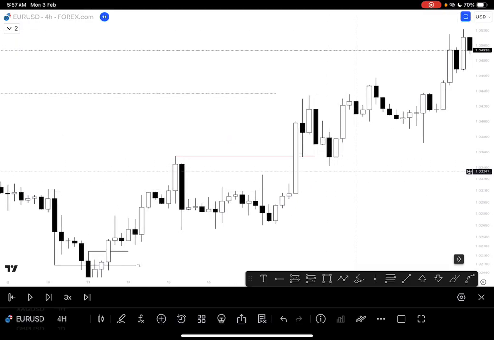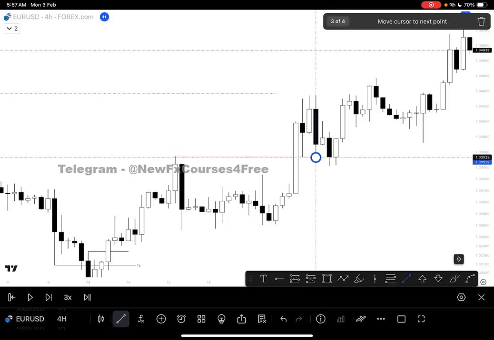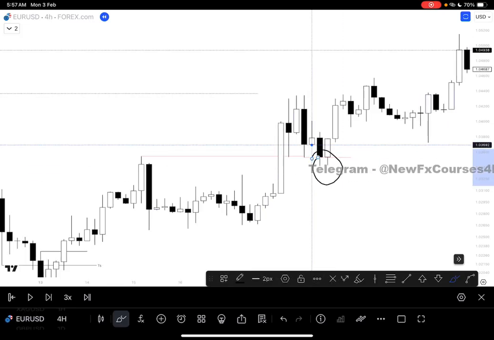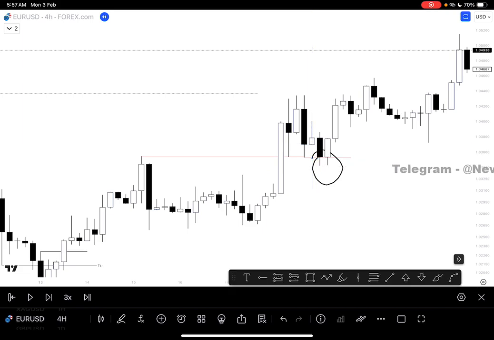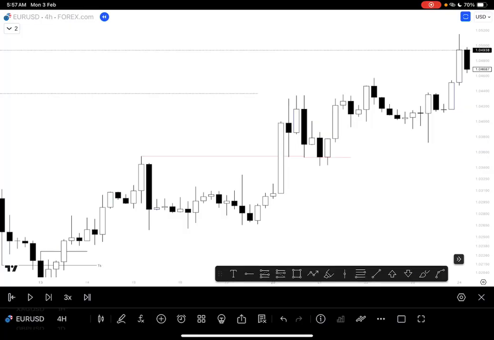Over here, and this is actually a lower time frame total soup. If you go to the lower time frame of this structure, you will see it's actually a total soup. So let's just dive into the lower time frame.